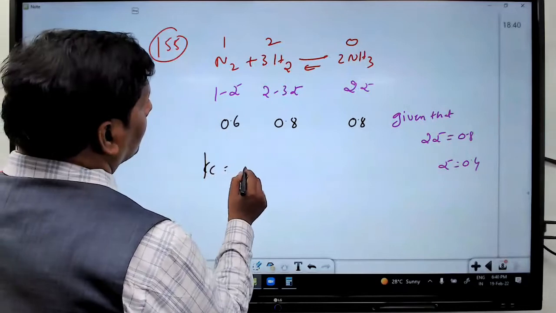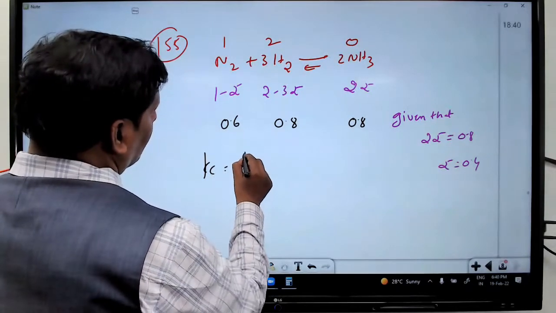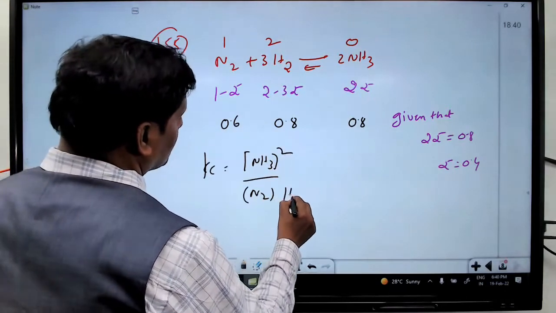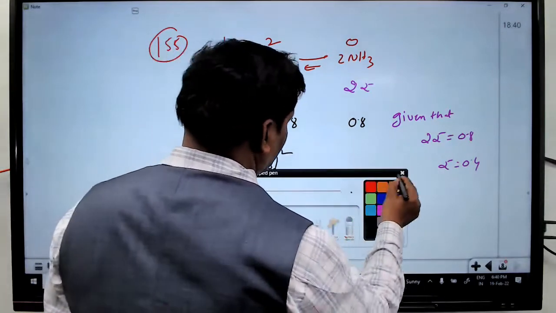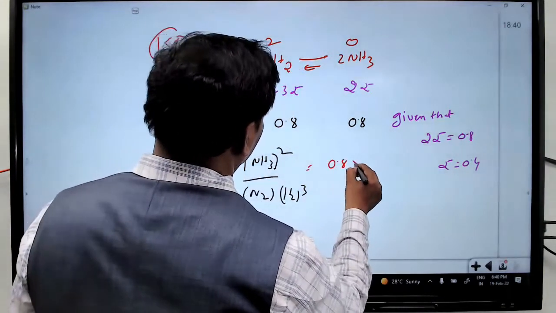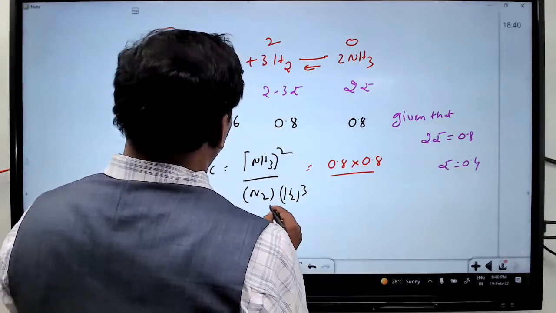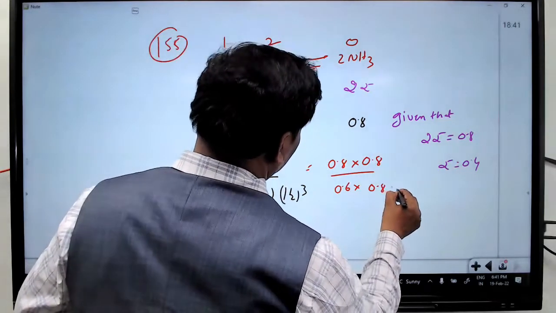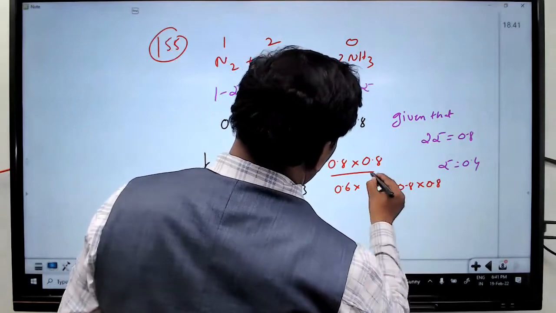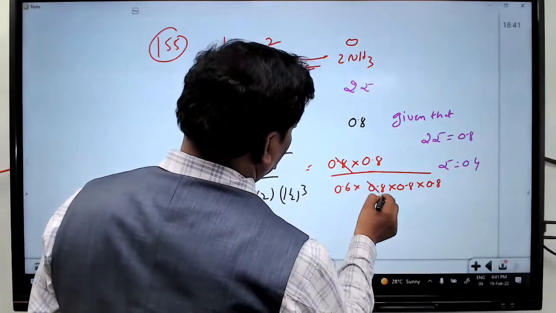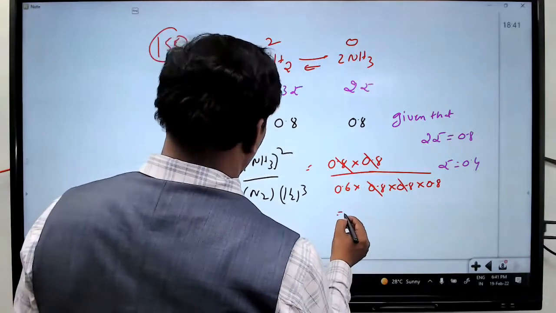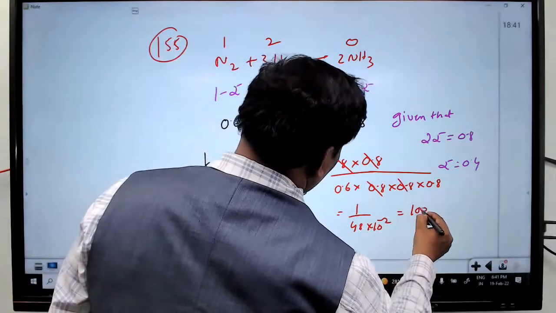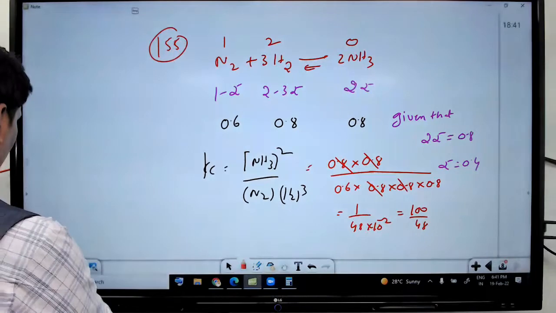So Kc is equal to concentration of NH3 whole square divided by concentration of N2 into concentration of H2 whole cube, which is 0.8 into 0.8 divided by 0.6 into 0.8 into 0.8 into 0.8. That cancels, giving 100/48.